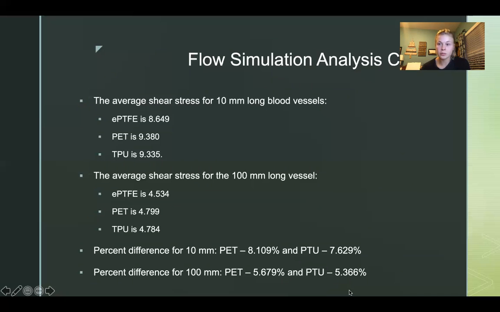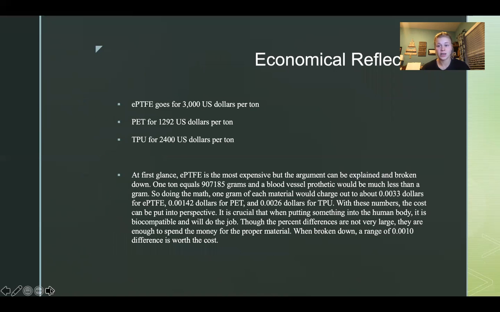And so these are pretty significant percent differences when it comes to the human body. Biocompatibility, biomaterials, there's definitely less wiggle room, less room for error because of the reaction a human body can have. The slightest change, the slightest irritation can cause damage, and that is very, very bad.